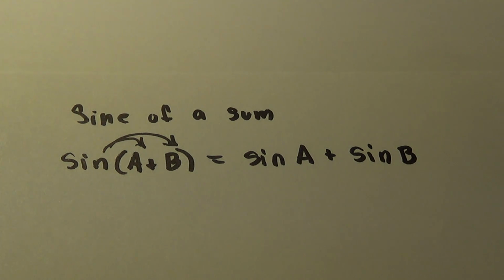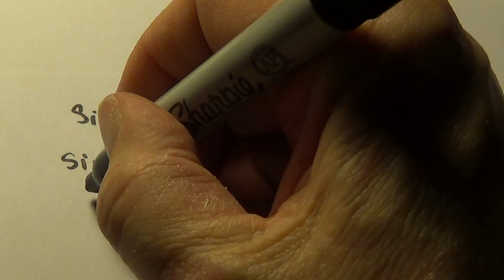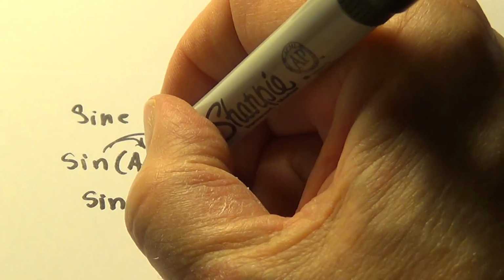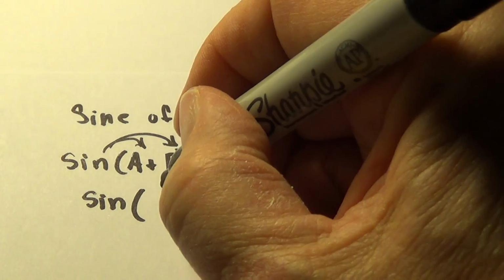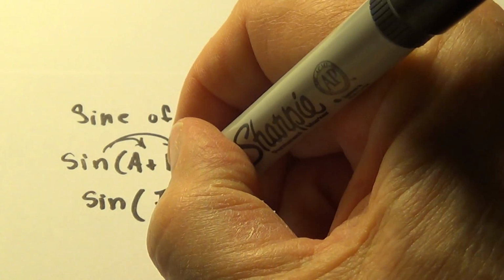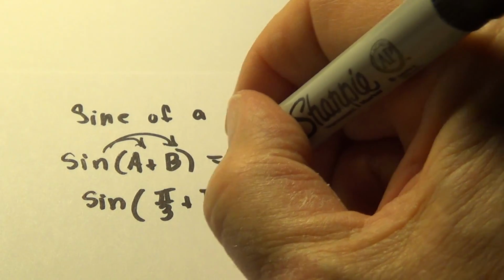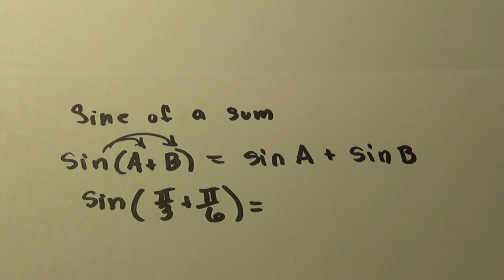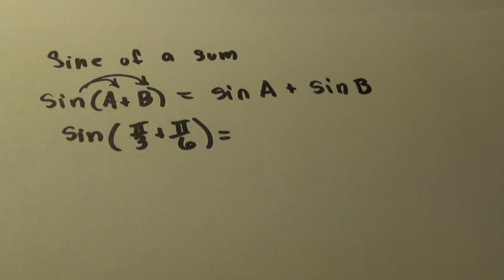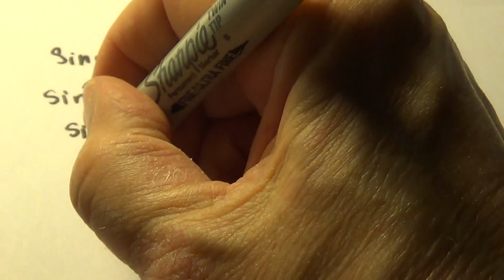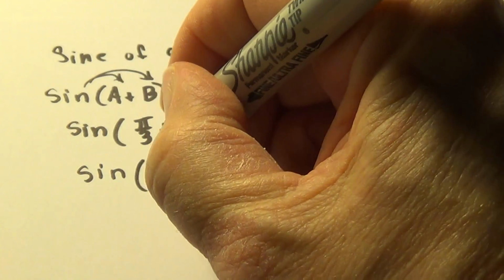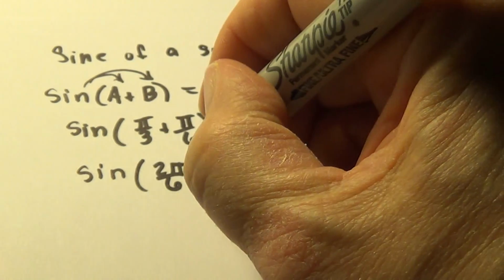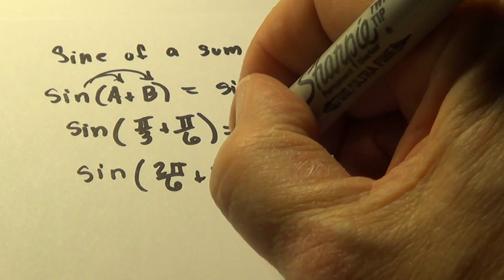So let's do an example that we know to see if this relationship holds true. Suppose I do the sine of pi over 3 plus pi over 6. The reason I picked that is because I know the answer. Pi over 3 is 2 pi over 6 when I give it the common denominator.